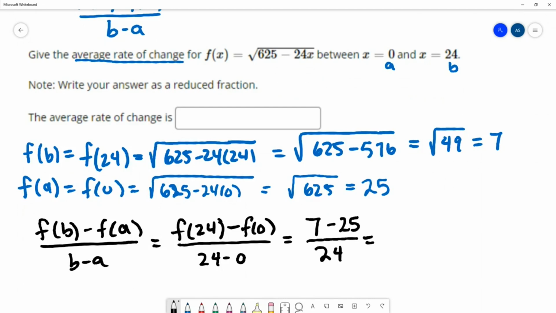So this gives 7 minus 25 being negative 18 over 24. We'll reduce that. We can see that they're both divisible by 2. 2 goes into 18 9 times, 2 goes into 24 12 times. And they're both divisible by 3, so 3 goes into 9 3 times, 3 goes into 12 4 times. So we get that the average rate of change from 0 to 24 is negative 3/4.